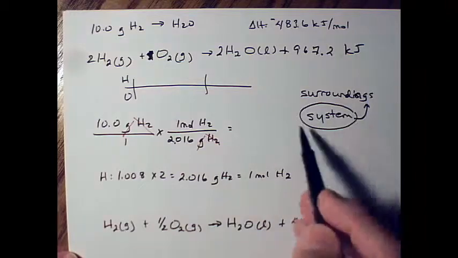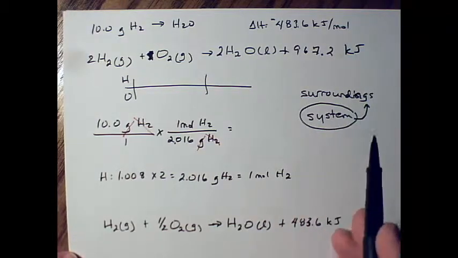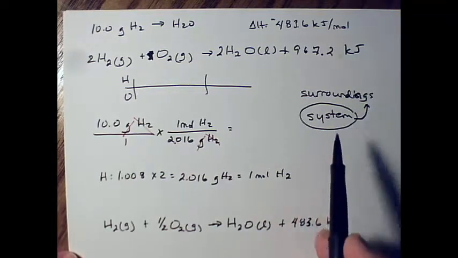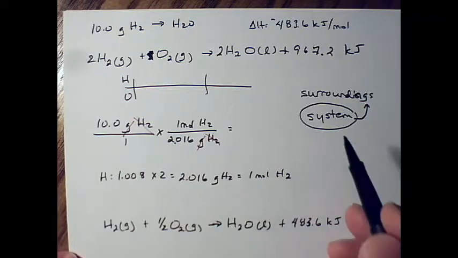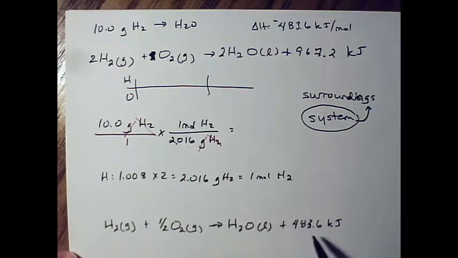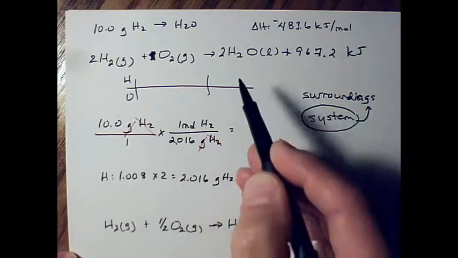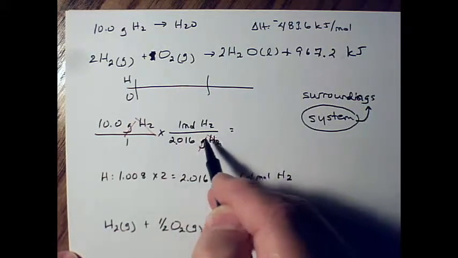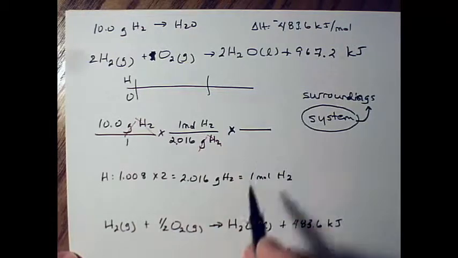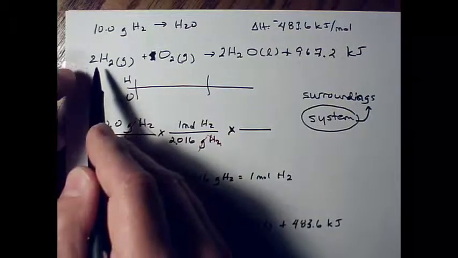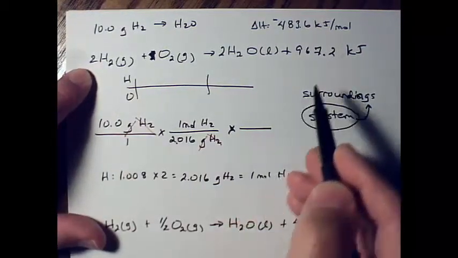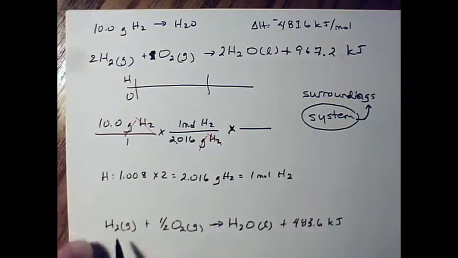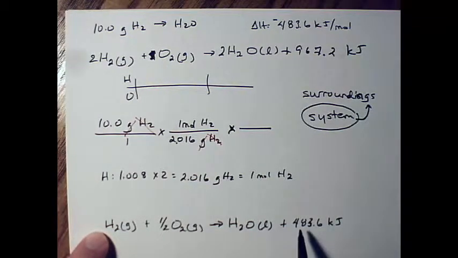All right, the universe is made up of the system and surroundings. The system is what we're interested in when we talk about these kinds of reactions. The surroundings is how we picture it when we're putting it in the equation itself. Either one of these two equations will work here. So if I've converted this already into moles, then I can take the 2 moles here and put it on the bottom, and this number on the top, or I can take the 1 mole here and put that on the top.